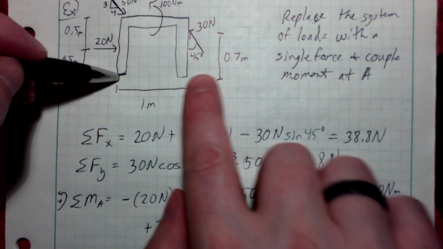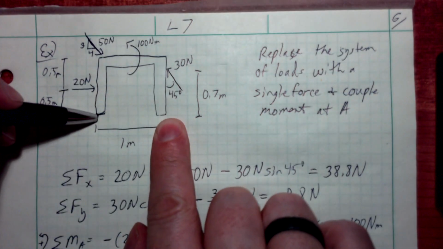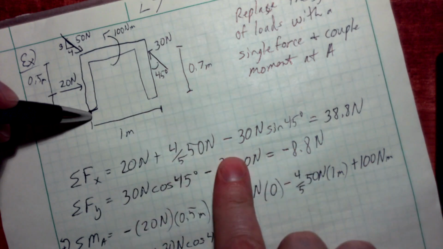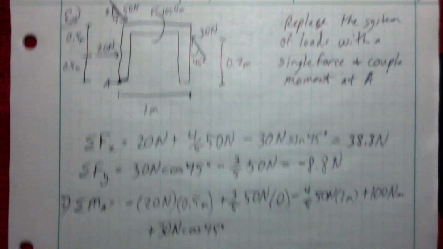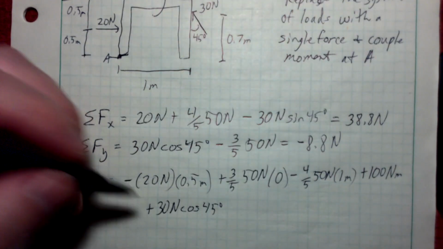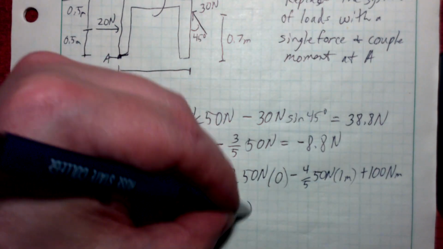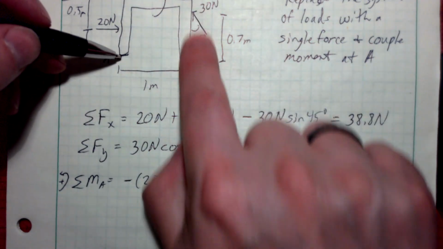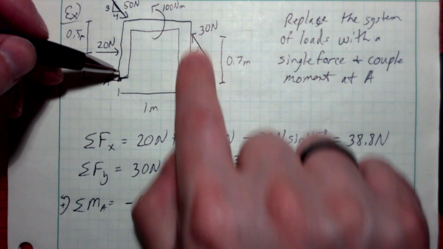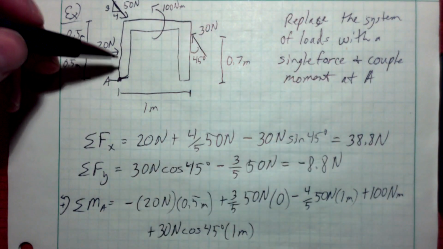And it is trying to push this paper in a counterclockwise, positive fashion. So it's a positive term, 30 newtons, cosine 45, and it is out at a distance of 1 meter to this vertical component to point A.